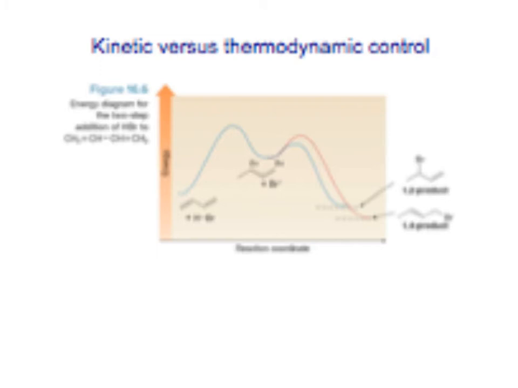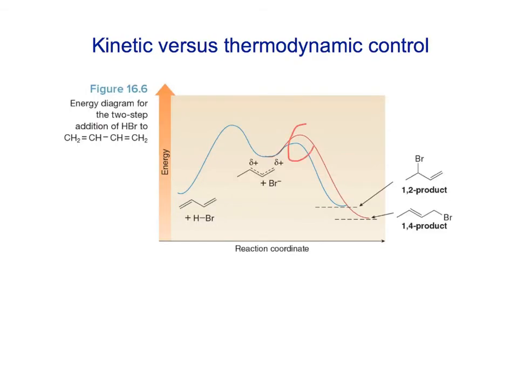One has to do with the relative energies of the transition states. If the reaction is controlled such that the main product is the product that gets formed the fastest, then we need to look at the transition states. These control the reaction rate.